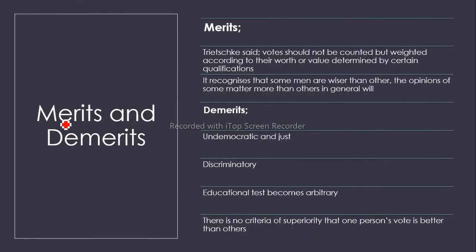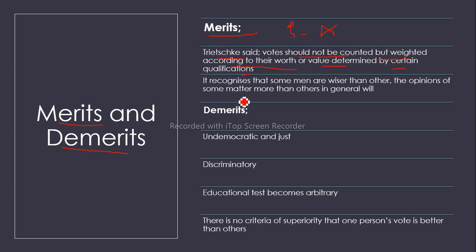Now, what are the merits and the demerits? The merit is that Treitschke said that votes should be counted, but weighted according to their worth or value, determined by certain qualifications. The votes should not just be counted, but weighted. The vote of an educated person should be weighted more than a vote of an uneducated person, or a vote of a property holder more than the vote of a person who has no property.